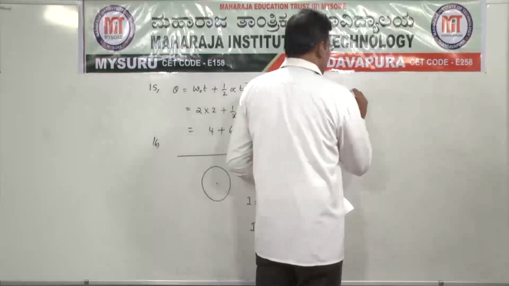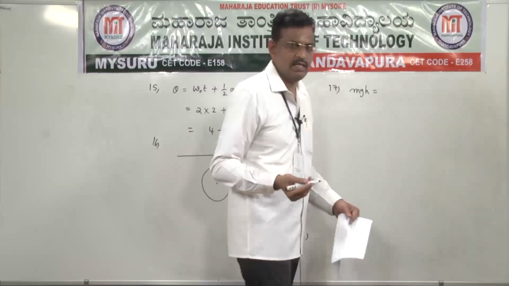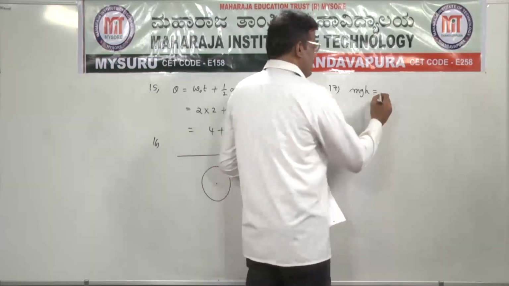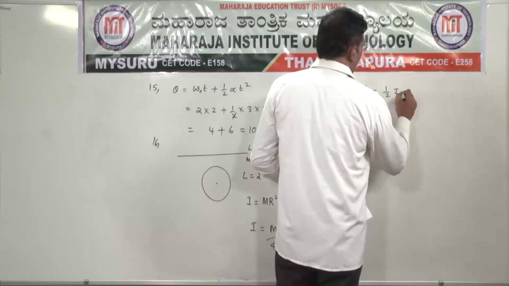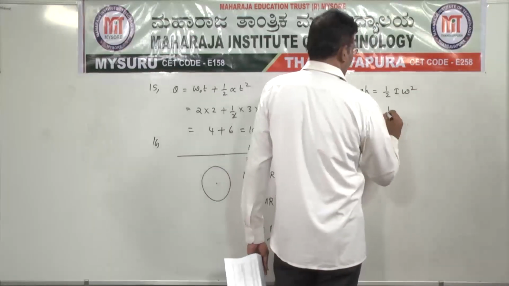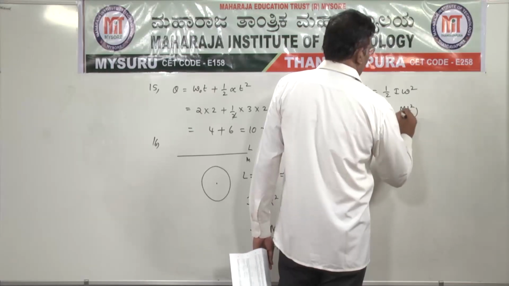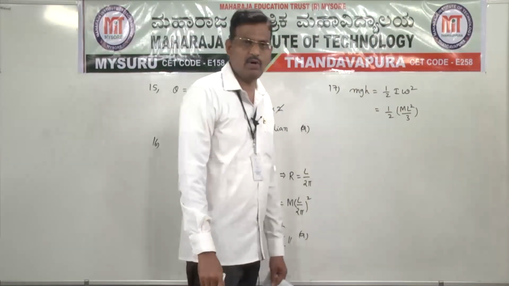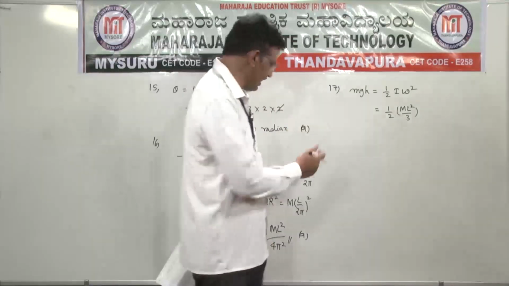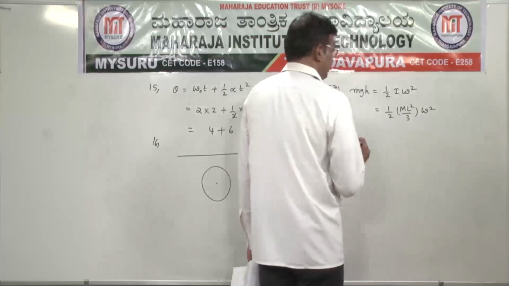So potential energy while rising the rod, mgh, is equal to half into I into omega square, and I is the moment of inertia of a thin rod about an axis passing through one end. I explained already. So half into M L square by 3 into omega square.